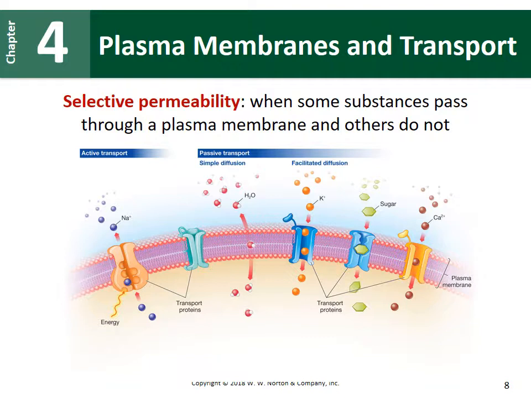And cells are also able to get rid of bad things like waste products or toxins. So in order to take advantage of the plasma membrane being selectively permeable, there are different types of transport to move these substances across that membrane.